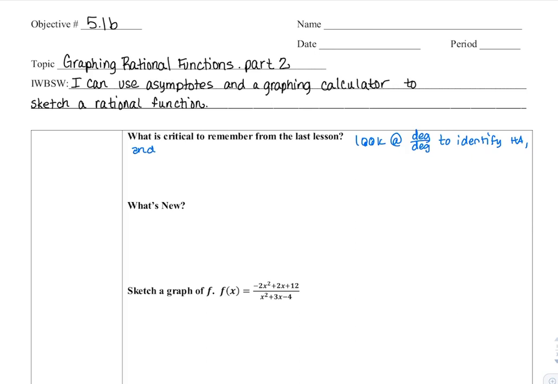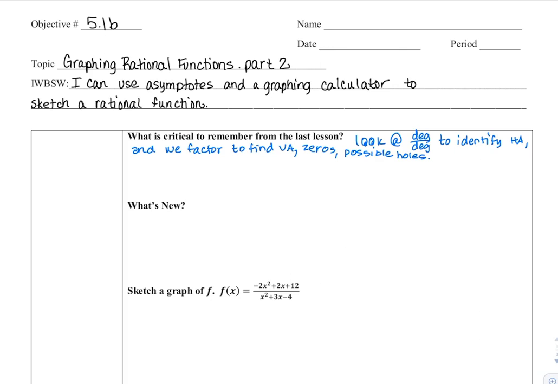And we factor, if possible, to find the vertical asymptotes. We also use the factored version to find the zeros and any possible holes that could occur if we can simplify the rational function when we factor it.